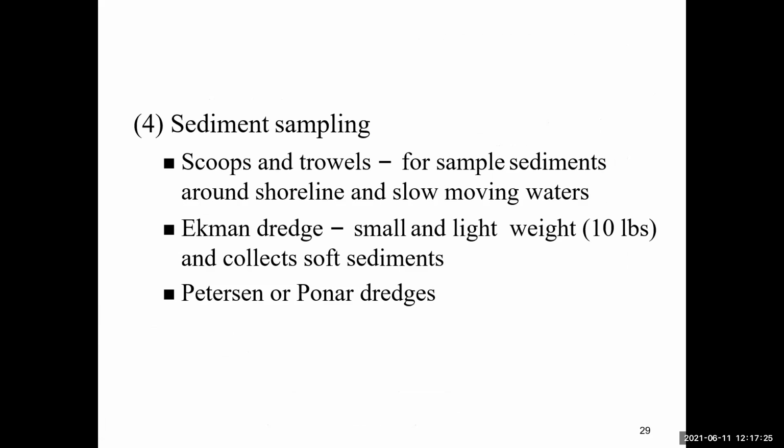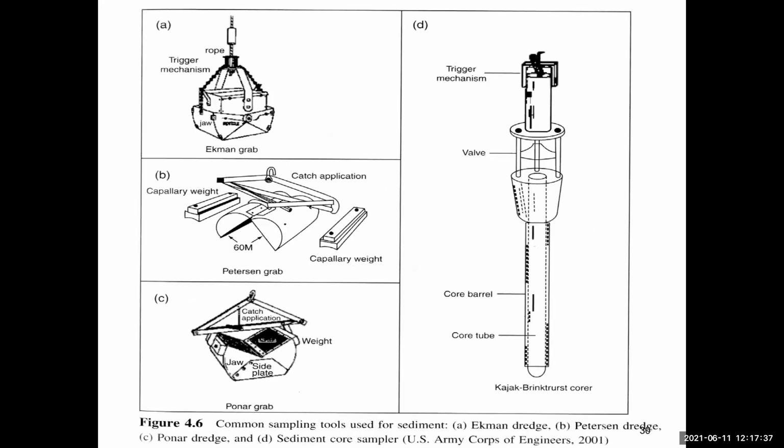The second is the Ekman dredge, small and lightweight, about 10 lbs, which collects soft sediments. Then the Petersen and Ponar dredge. This is the image given. These are the sample tools for sediment.